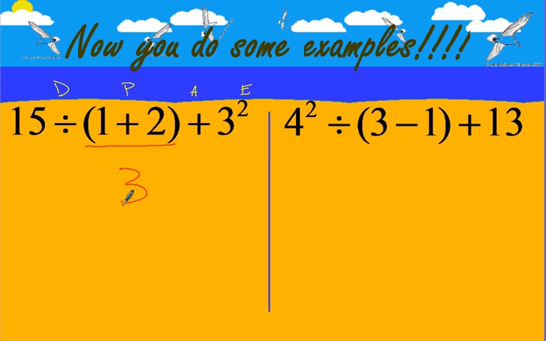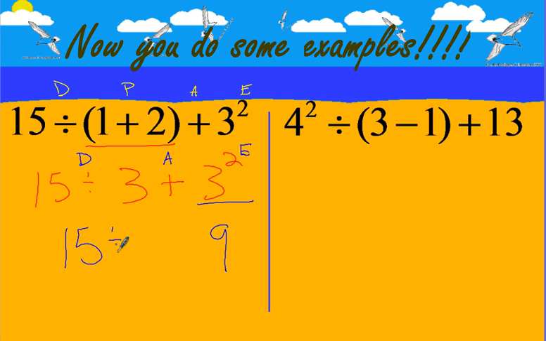So I get 3, I bring down my 15 and my division sign, my addition, my 3 squared. I go ahead and repeat. I label division, addition, and exponent. I'm going to do my exponent first, which is 9. Bring down my 15, my division sign, 3, my addition.